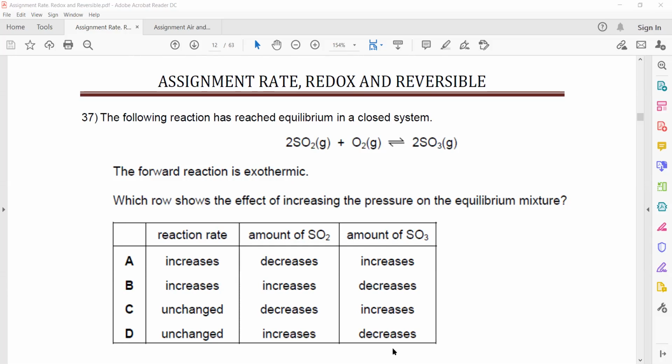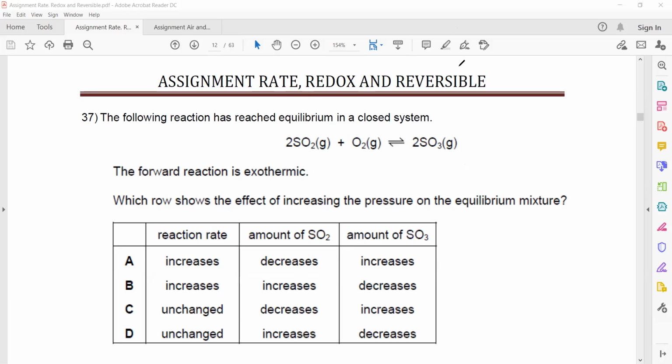If we increase the pressure, the rate will increase.